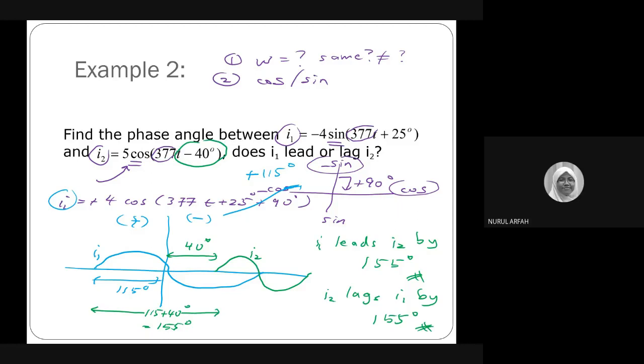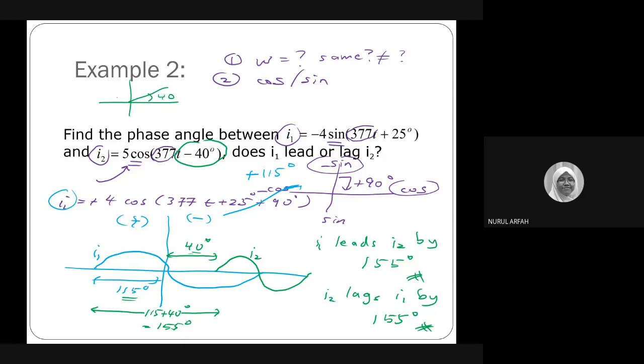Madam, the graph part, do we have to draw? Is it required? It is not required, but for your own understanding, you can draw because you want to make sure that this and this should be plus, right? Or you can also use the quadrant value. This is maybe 40 degree, and then the other one is 115.